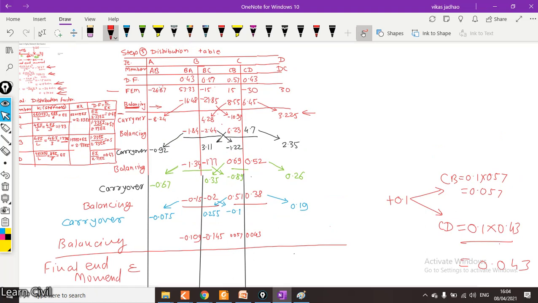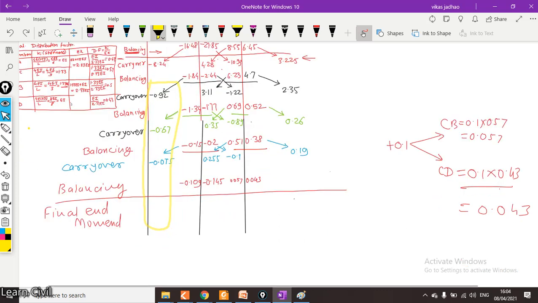So from this fixed end moment, you will have to add all these terms to get the final bending moment values.